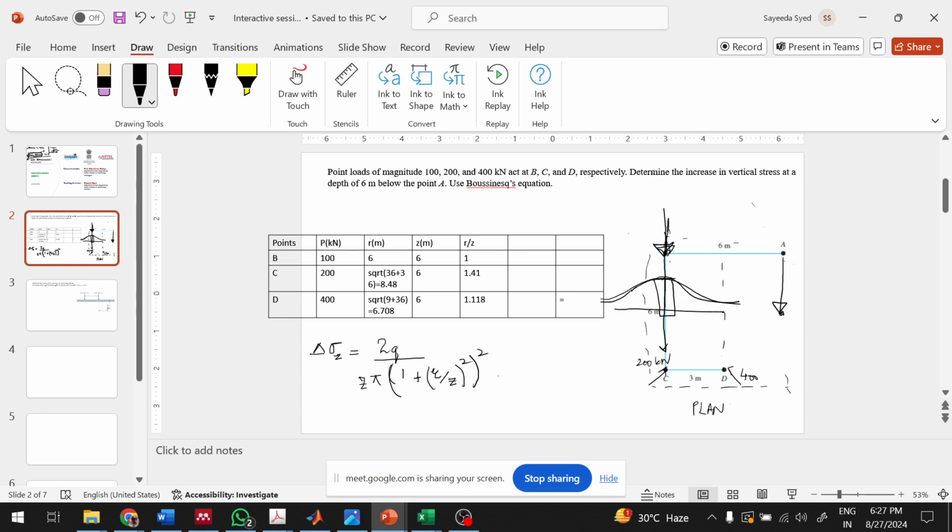But nevertheless, there will be some effect on further particles. So this equation, it tells us about this equation of Boussinesq.